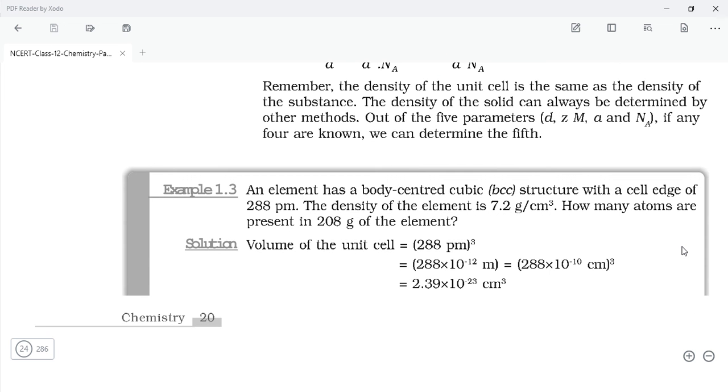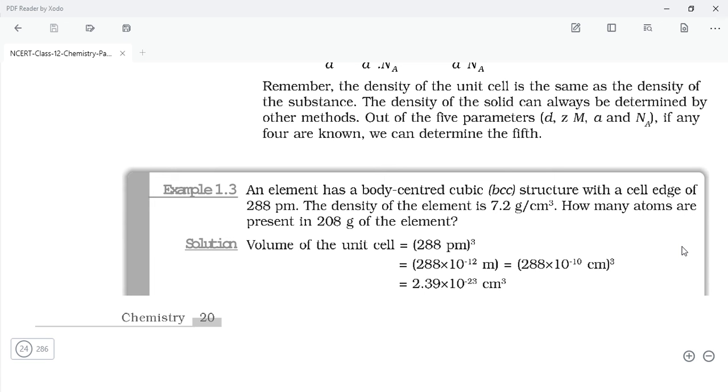Remember, the density of the unit cell is the same as the density of the substance, just because of the symmetry. That's why we are studying the primitive unit cell for this long, because this defines the property of the whole solid.